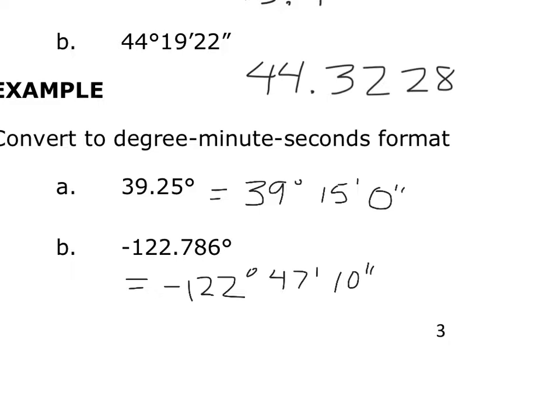Yes? Would you put negatives in front of both those? No, because this negative takes care of it. So the question is, would I put negative in front of both the 47 and the 10? And the answer is no, because the negative is in front of the first one, and that implies it's on all of it. All right? How was that? Not too bad?